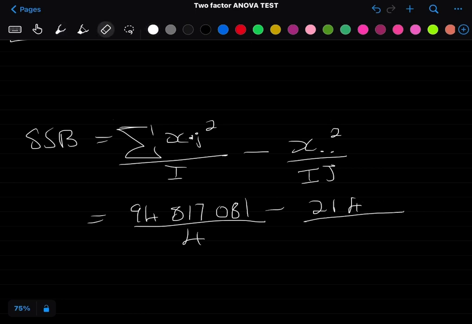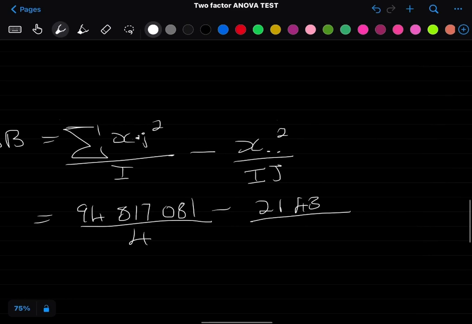It's 35, not 53. 35 squared over 4 times 5.